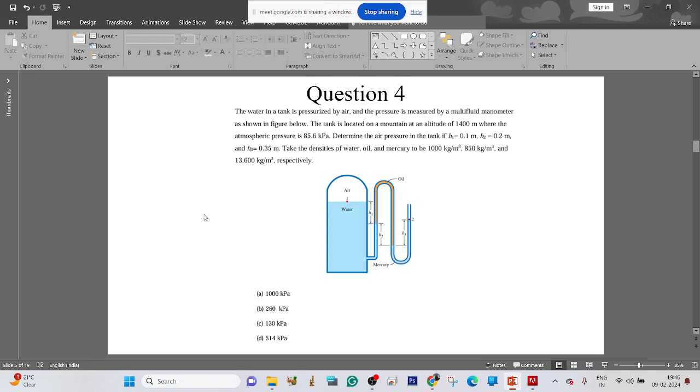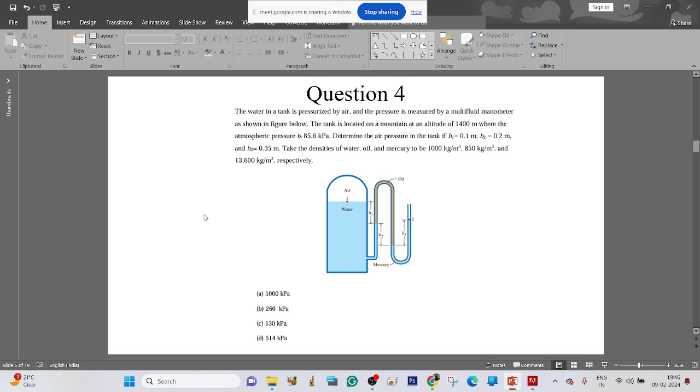Okay, so if this is, let's suppose, point 2, this is point 3, and this is point 4. This difference is H2, this difference is H3 and this is the layer, and this difference is H1. So this is point 1, this is point 4, this is point 3, and this is point 2.